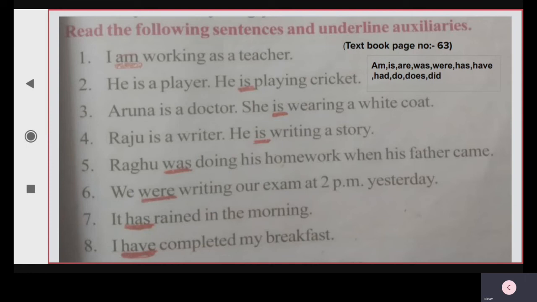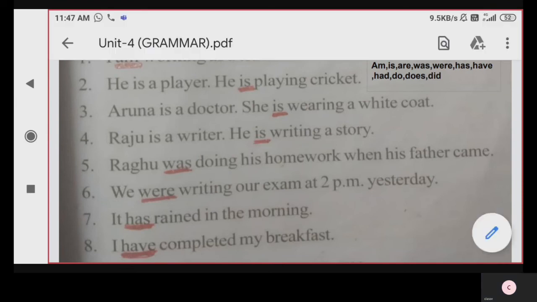Next, he is writing a story. Now here the word is used before the main verb, which is writing, isn't it? So here the word is acting like an auxiliary. So underline is here, which is used before writing.